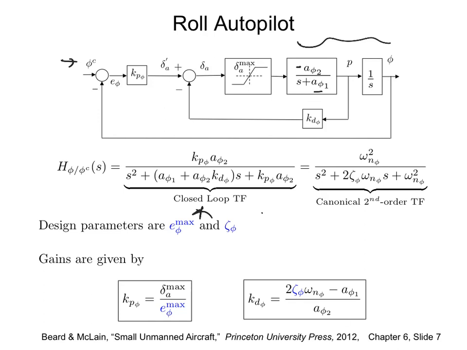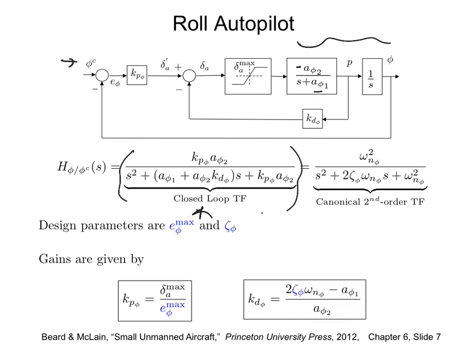Okay, so let's see what is the DC gain here. Putting s equals 0, what do we get? If I put s equals 0 in this equation, what do I get? 1. That means at steady state, phi equals phi commanded. That's good, right? That's what we want, right? I want my phi to be phi commanded.